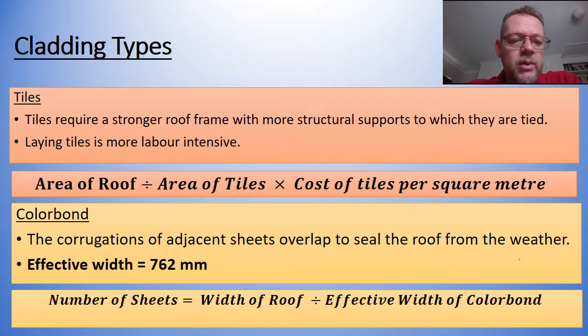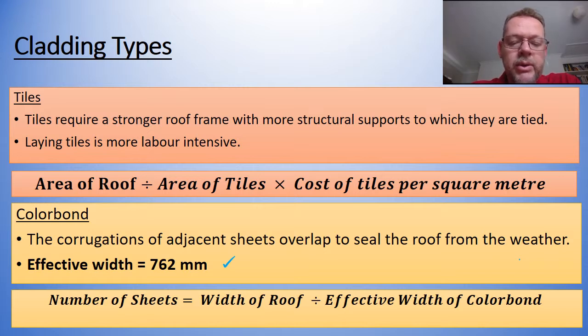Now colour bond is what we think of as corrugated iron roof. So the corrugations there are just to help the drainage and to add strength. Now colour bond is wider than 762 millimetres, but when they overlap, that's effectively the width of the colour bond that you're going to be able to use.